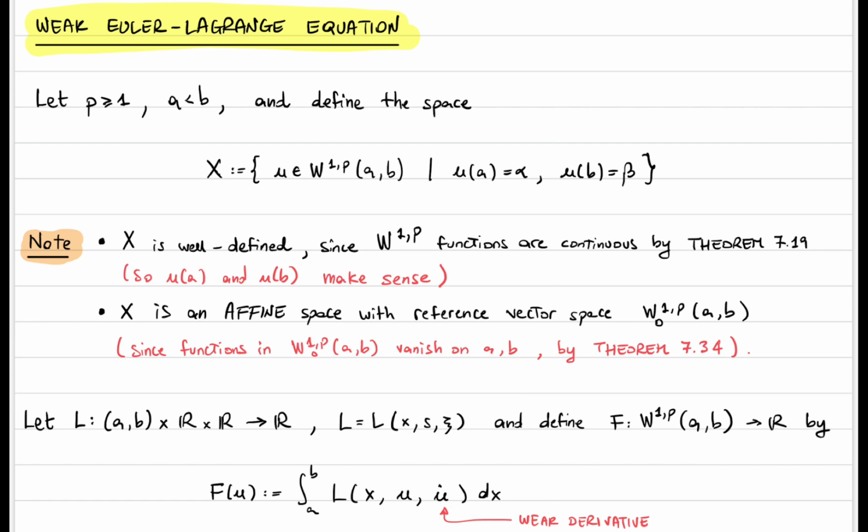And also notice that X is an affine space with reference vector space given by W^{1,p}_0(a,b). And this is immediate to check because we know that functions in W^{1,p}_0 are 0 at the boundary, as we just showed in Theorem 7.34.